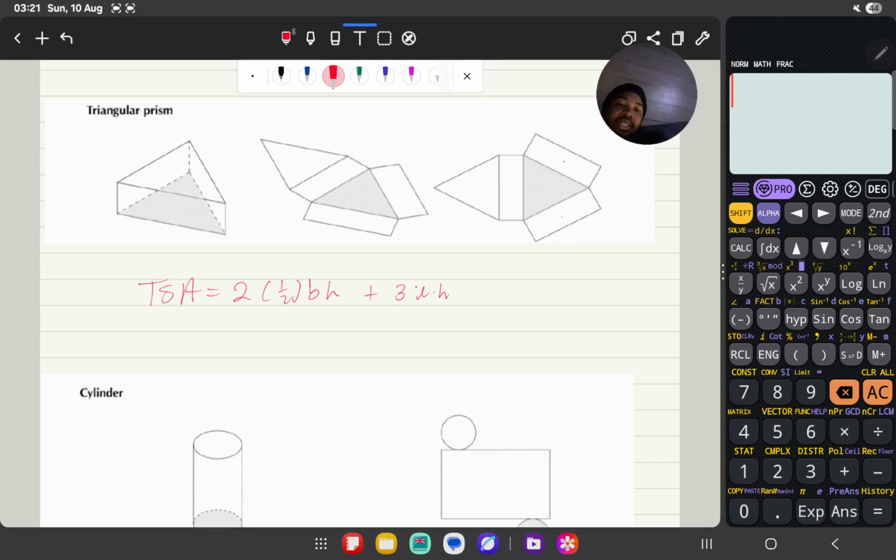But in a case where they are not identical, then you would do them individually: the area of this plus the area of this plus the area of that, né? And of course here, this 2 times the half, you're gonna end up with just this being the total surface area.